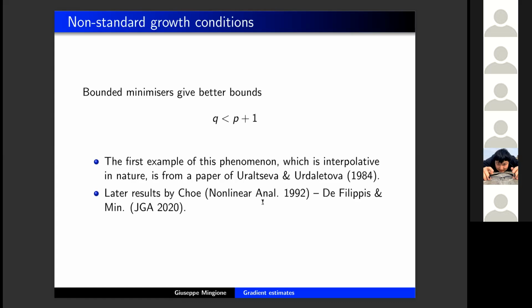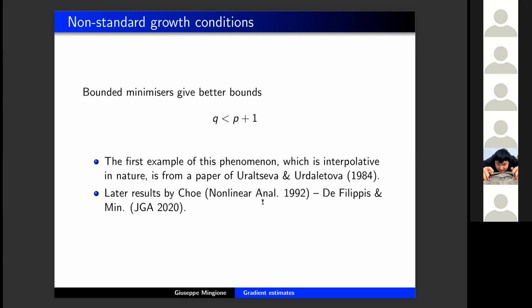They deal with anisotropic functionals, so special growth conditions, and they were able to show that if q is less than p plus 1, then any bounded minimizer is Lipschitz. So you assume that a minimizer is bounded, and then you prove that it's Lipschitz getting a better bound. So this is a result of interpolative nature, and I'll come to this later on.